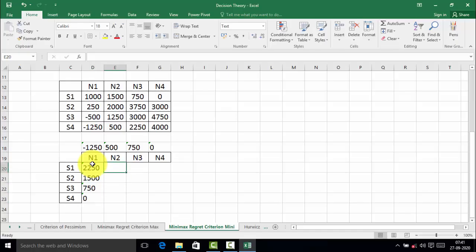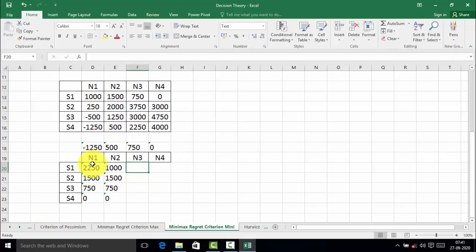Now look at the second column, the N2 event. The cost 1500 minus 500 is equal to 1000. 2000 minus 500 is 1500. 1250 minus 500 is 750. 500 minus 500 is 0.